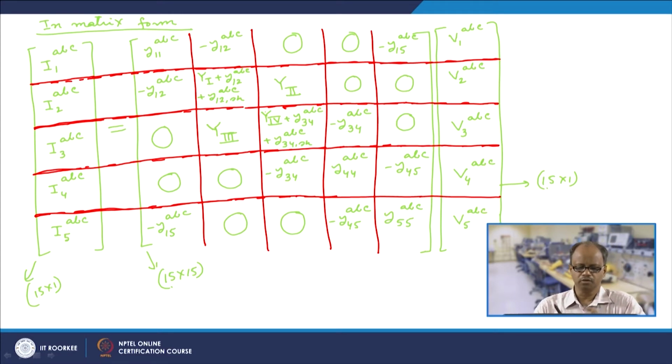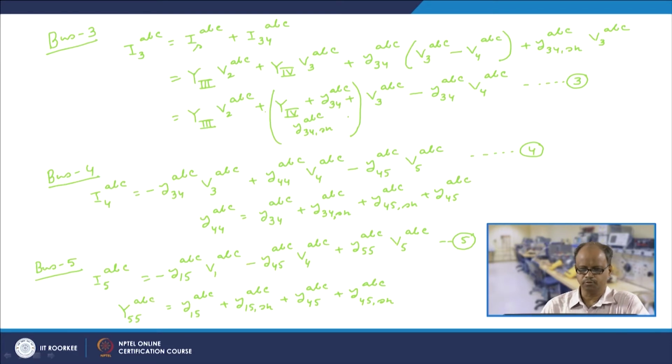Although this particular admittance matrix is made this way, the problem is, suppose there is a very large system, say a 5000 bus system, and let us say there are 200 transformers connected between different buses.